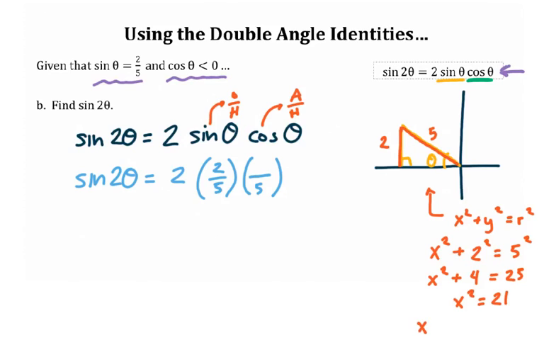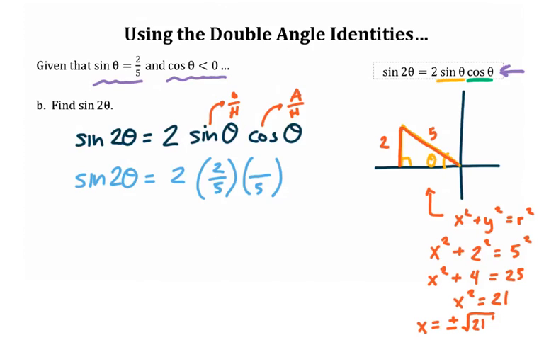And square rooting both sides, we'll get back technically x equals plus or minus the square root of 21. However, the context should help us know whether we take the positive square root or the negative.